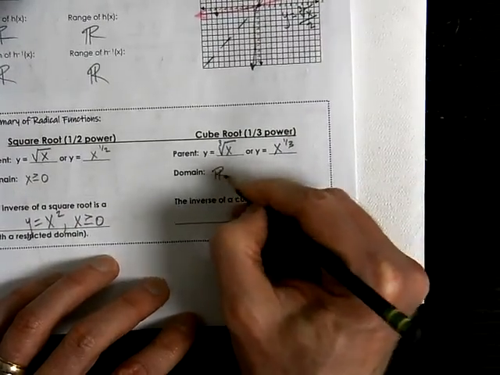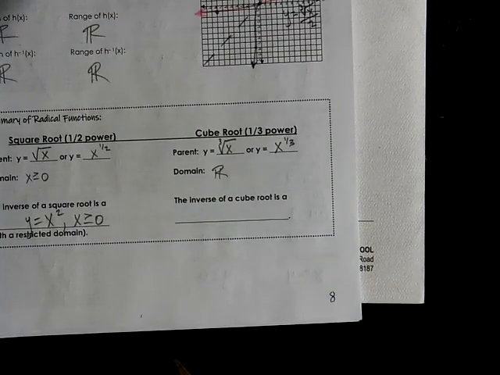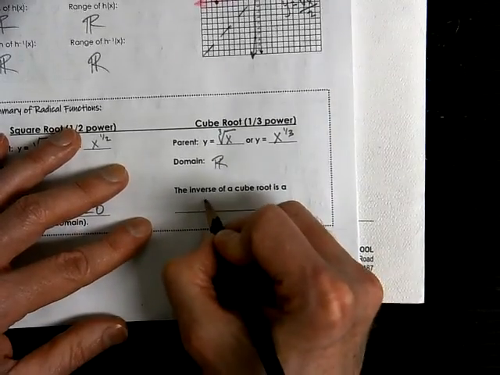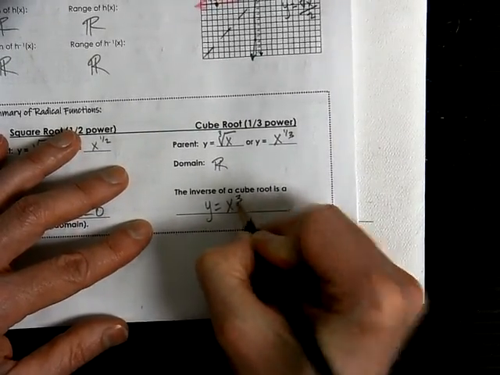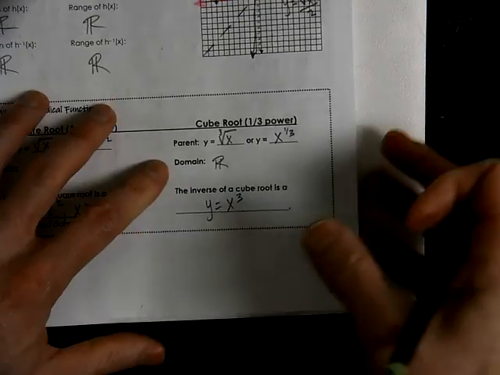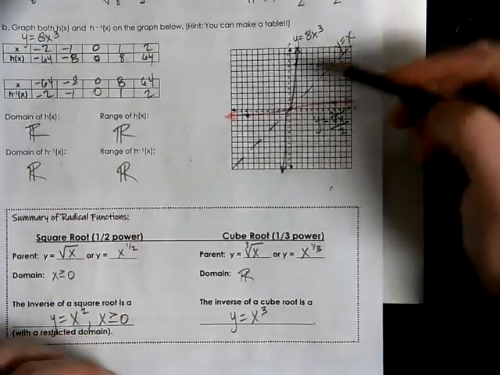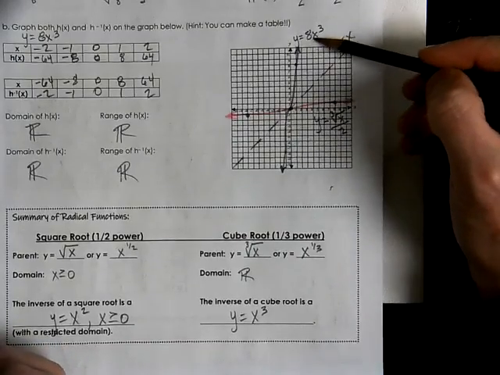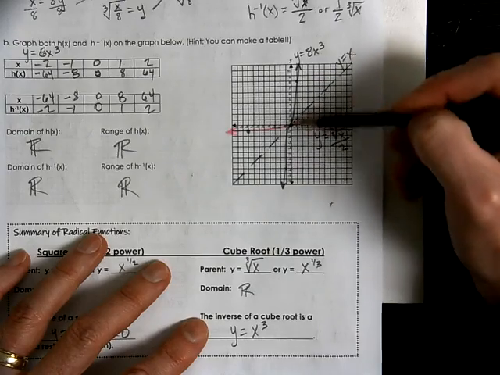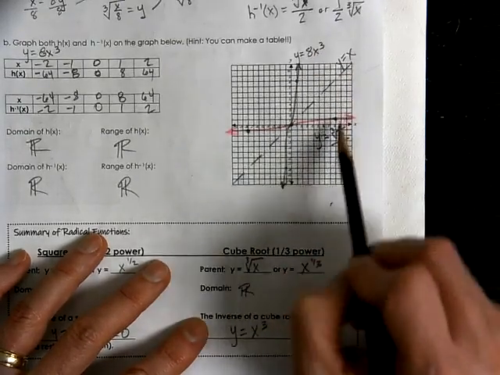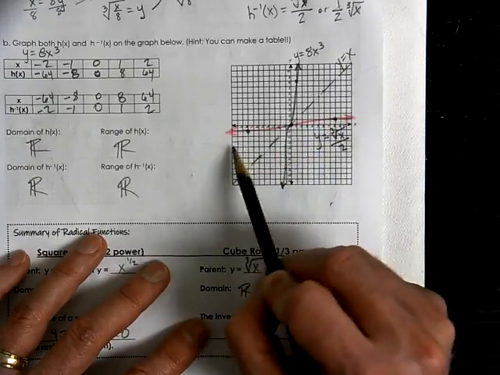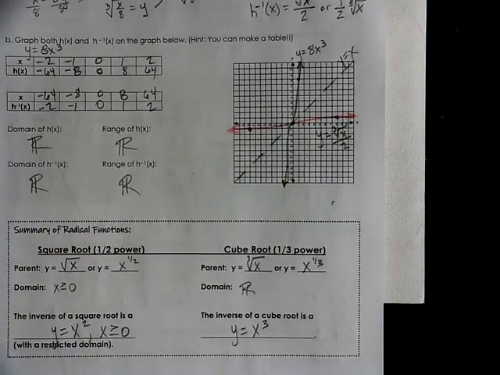That would have a domain of all real numbers, and the inverse of that is going to be y equals x cubed, and there is no restriction. And that illustration is right here, where x cubed is climbing up, where the cube root of x looks much more like it's lying down. That's our notes for today.